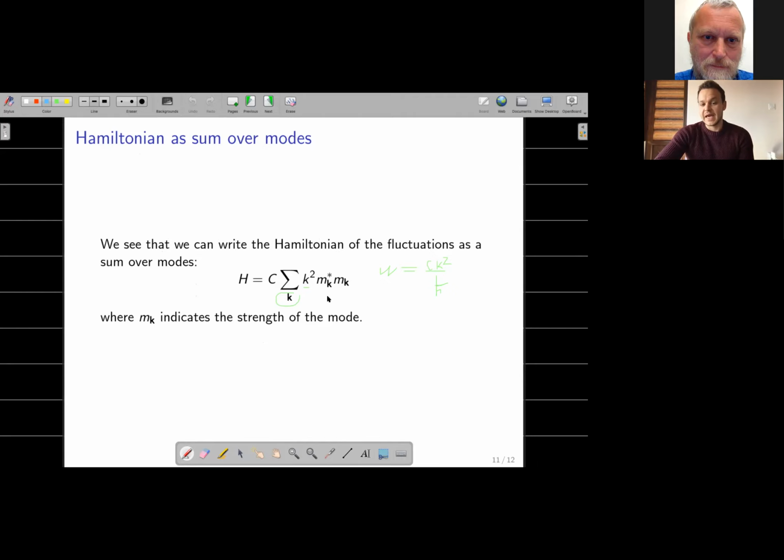And mk indicates the strength of the mode, but it is pretty easy to generalize those mk star and mk, to say that those are now operators, or to quantize the fields, and they would become, as you could easily just quantize the fields and rename them, for example, a dagger k and ak.